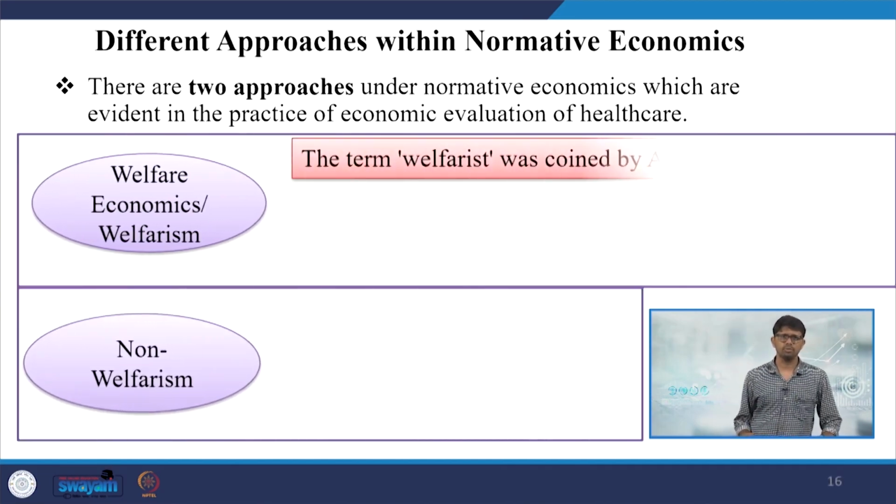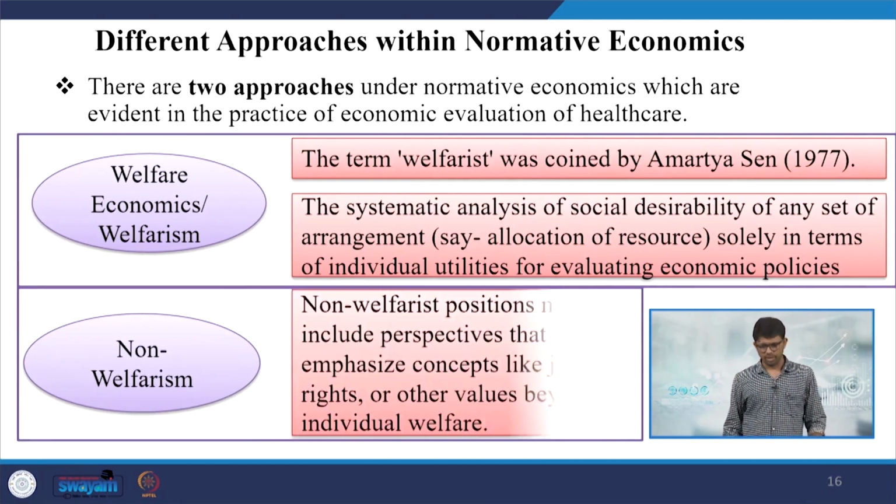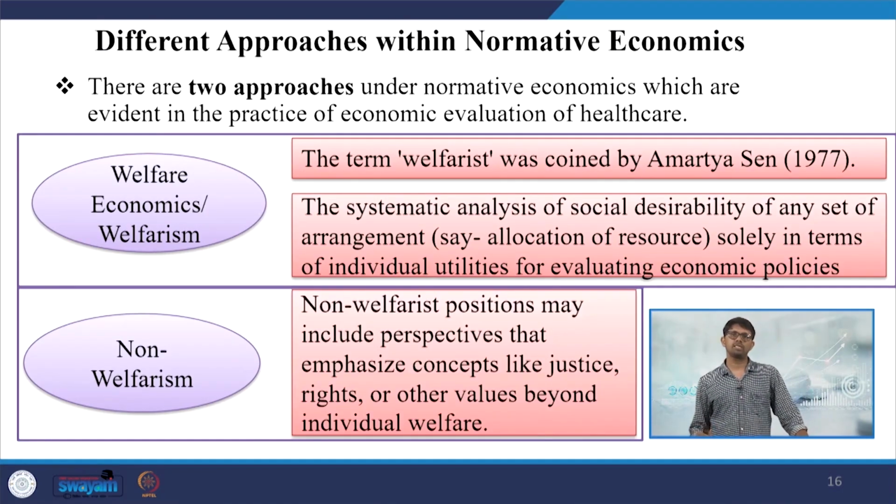We will emphasize them one by one. In terms of the welfarist concept, the term welfarist was actually coined by Professor Amartya Sen in the year 1977, and this is a systematic analysis of the social desirability of any set of arrangements, say allocation of resources, solely in terms of individual utilities for evaluating economic policies.